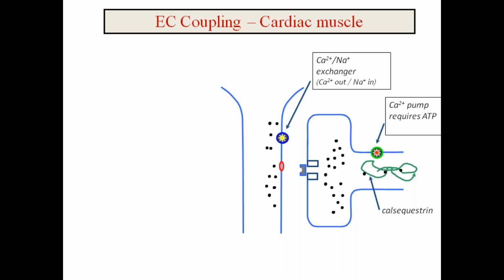Now, what was happening in skeletal muscle? When the action potential travels along the T tubule, the dihydropyridine receptor gets activated because of the change in voltage, and there is a change in its configuration. Because of this, the ryanodine receptor connected with it opens, and there is a release of calcium from the sarcoplasmic reticulum into the sarcoplasm.